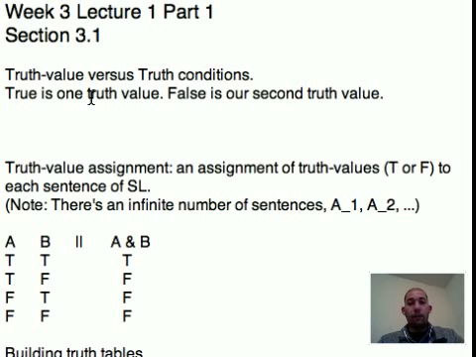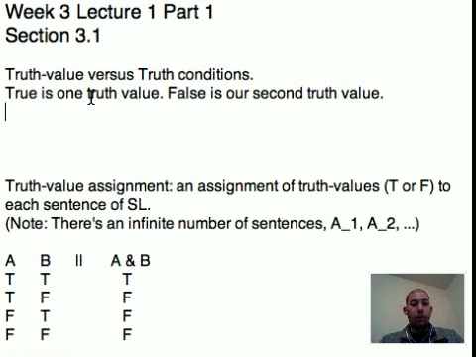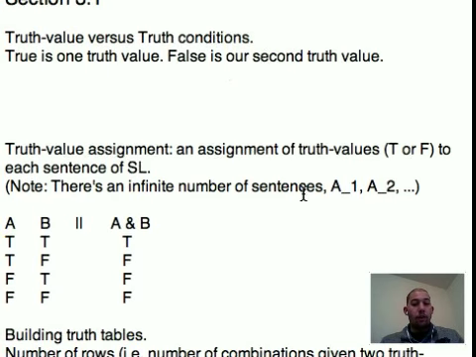A sentence in SL, where remember we designate a sentence with a particular kind of letter, A, B, C, or we can also use subscripts, like A subscript 1, A subscript 2. Each of these sentences of SL can only be either true or false. There aren't any other third truth values. So we have a logical system that has two different kinds of truth values.